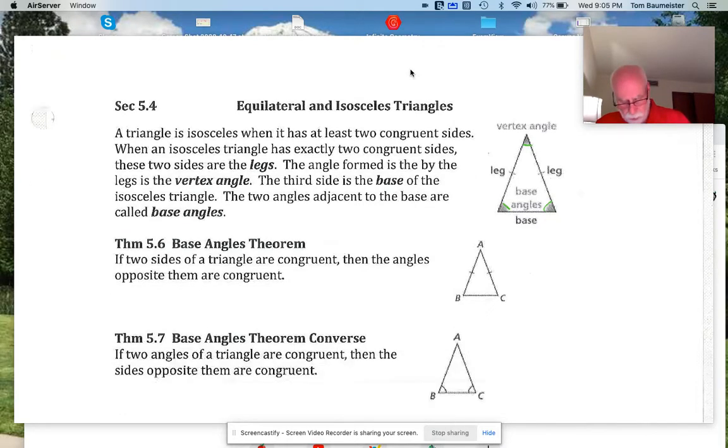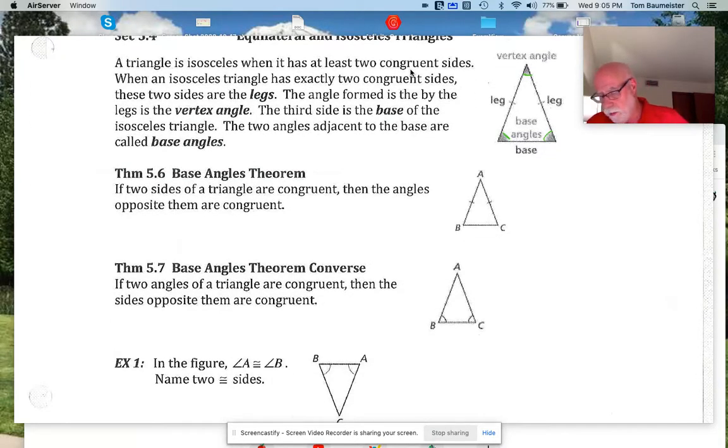So a couple more theorems here for you. If two sides of a triangle are congruent, then the angles opposite them are congruent.